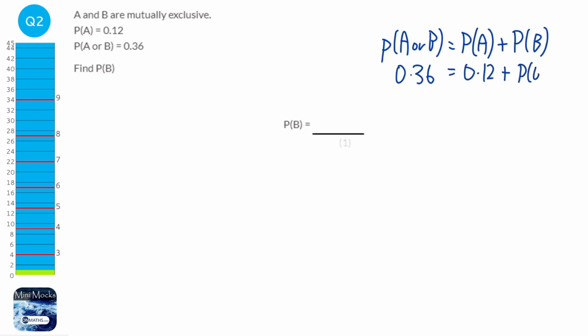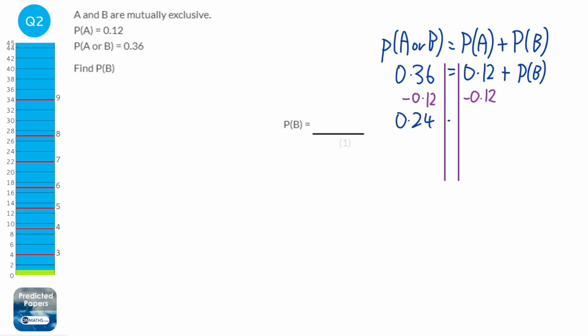To work out the probability of B, we take away 0.12 from both sides, and that gives us 0.24 is equal to the probability of B. So B must be 0.24. It only works if A and B are mutually exclusive though.